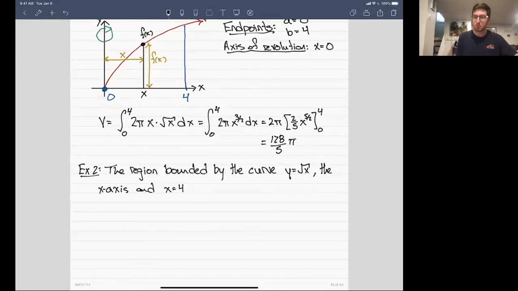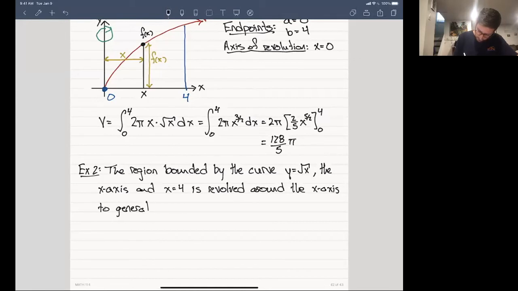So the same region. We're going to revolve this around the x-axis now to generate a solid. Okay, so find its volume.